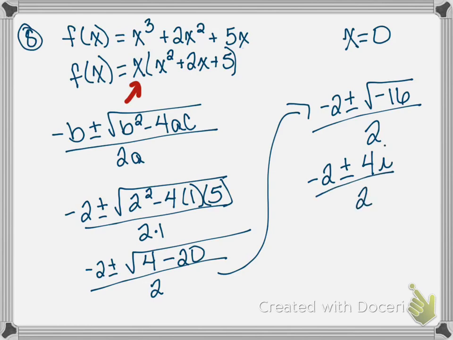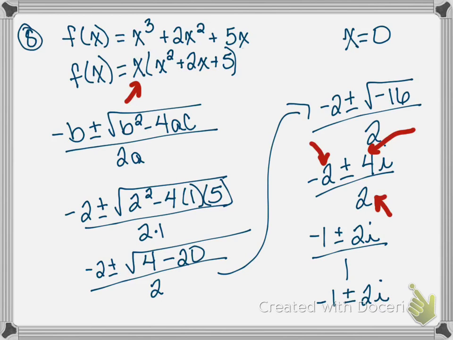Now, do you see how a 2 will go into negative 2? It will go into 4, and it will go into 2. That means you have to simplify this again. 2 goes into negative 2, negative 1 times. 2 goes into 4 twice. And then 2 goes into 2 once. So my answer to this is negative 1 plus or minus 2i.